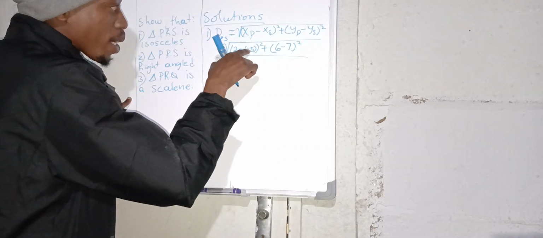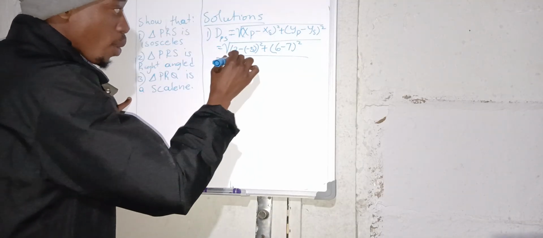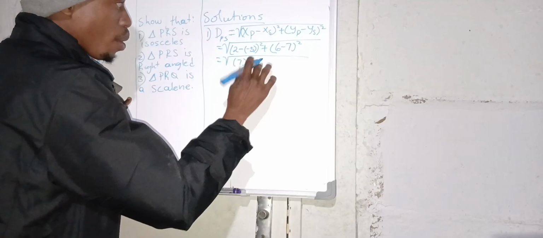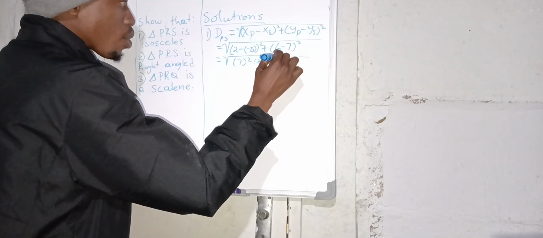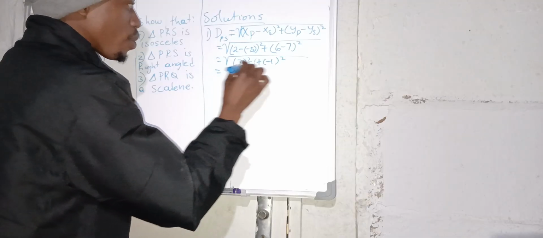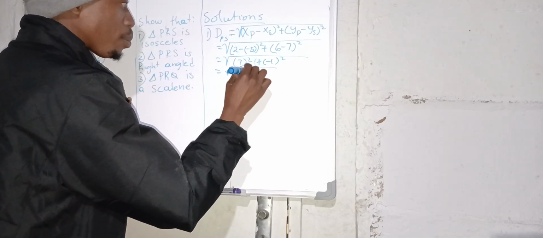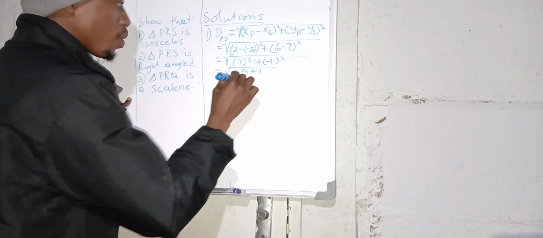Eventually I end up with this: negative multiplied by negative is positive, 2 plus 5 is 7, so I have 7 squared. Here, 6 minus 7 is negative 1, and squaring it gives 1. So 49 plus 1 is the square root of 50.